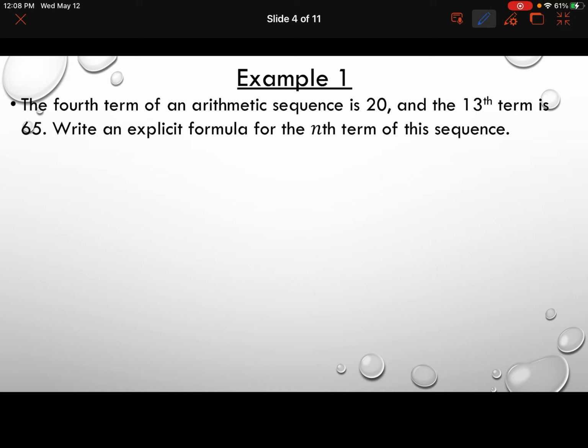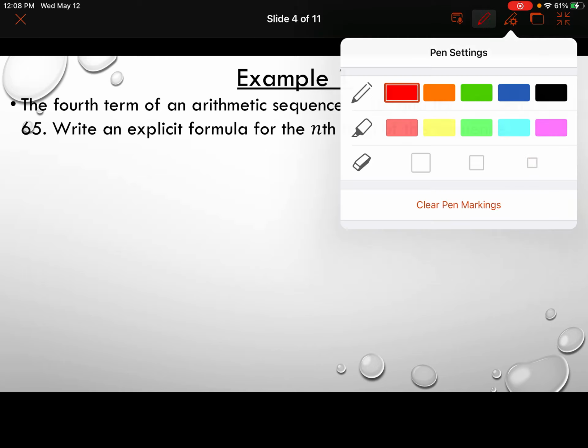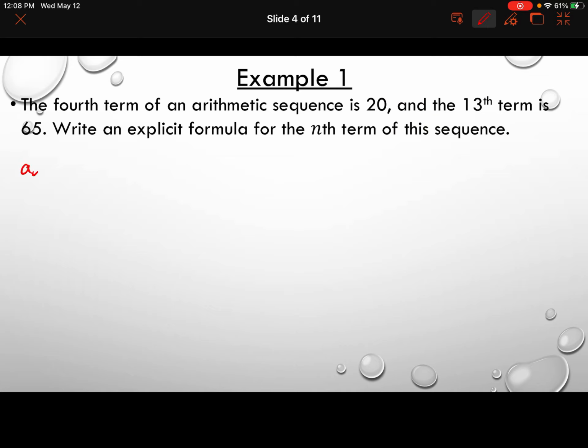Now, we are told that it is arithmetic. So we're given the fourth term, which is 20, and the 13th term, which is 65. And we're told that it's arithmetic.